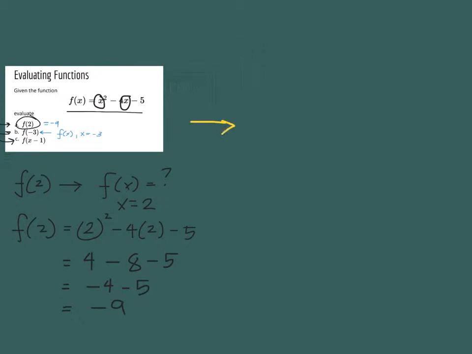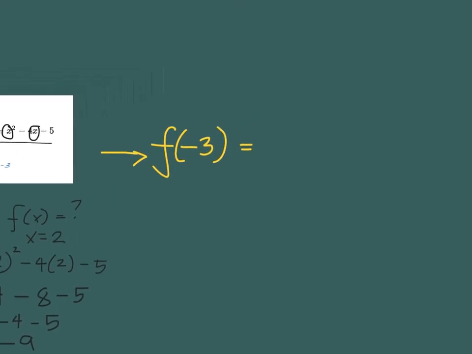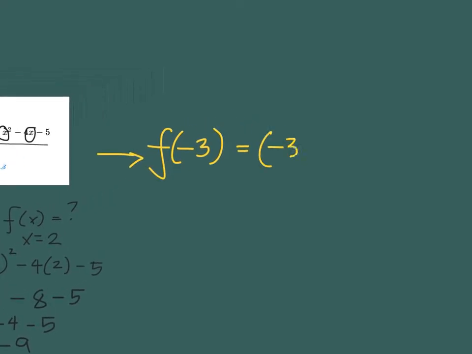So let's say if we work here, f of negative 3 is equal to negative 3 squared minus 4 times negative 3 minus 5. And that is obtained by substituting every x by negative 3. So this becomes negative 3 squared.